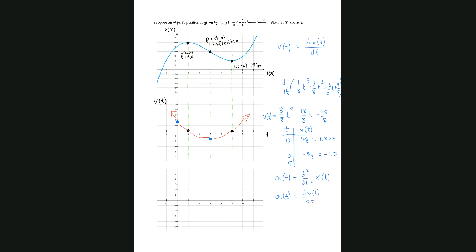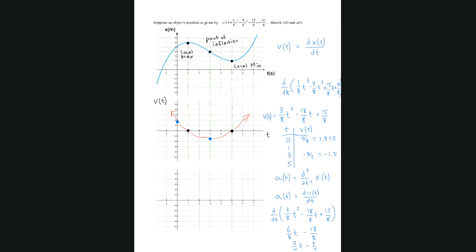So all I need to do here is take the derivative of the formula above, 3/8 t squared minus 18/8 t plus 15/8. So we're going to get 6/8 t minus 18/8. It's going to be linear. And we could even reduce that to 3/4 t minus 9/4.